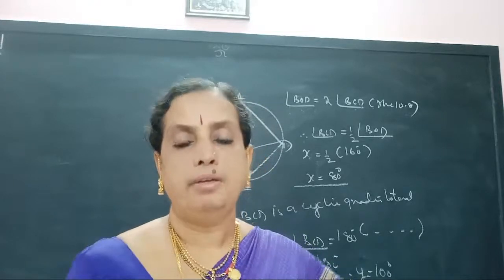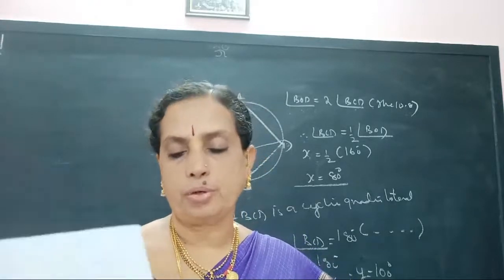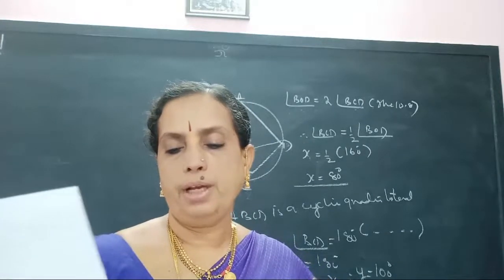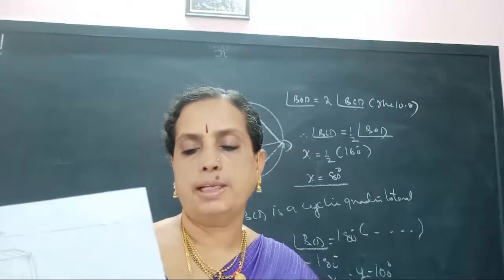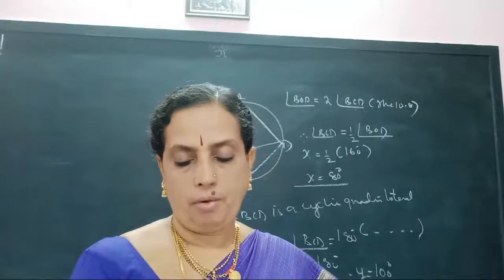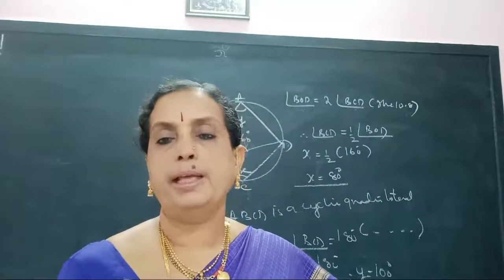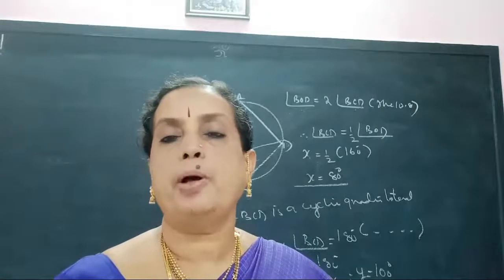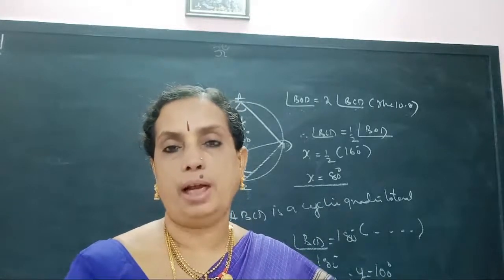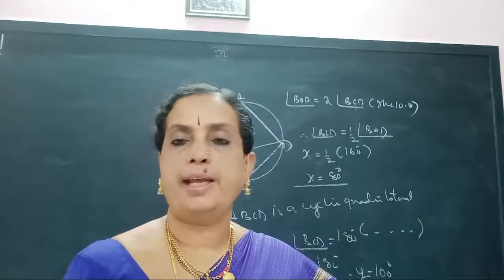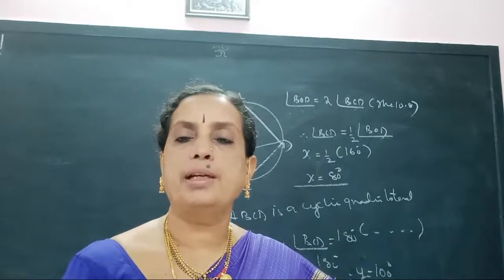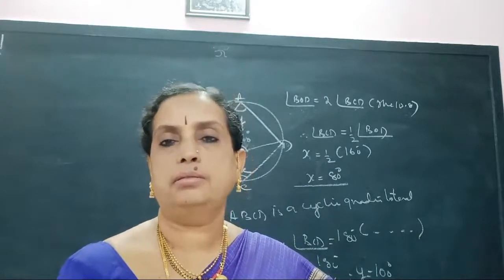Yes. Now, shall I move on to the third question? In the figure, O is the center of the circle. Find angle CBD. Here we use the second property of cyclic quadrilateral. Which is the second property of cyclic quadrilateral?